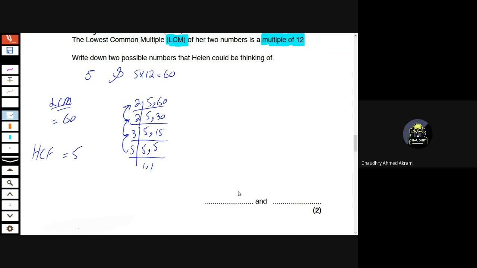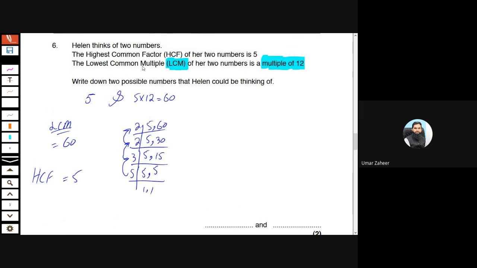Yes, sir. Okay. But if you think more, the HCF is 5 for these two numbers, and the LCM is 60. It can be changed. The number can be changed. It can be, let's say, 60 multiplied by 2, which is 120. In the same way, that can be one option.